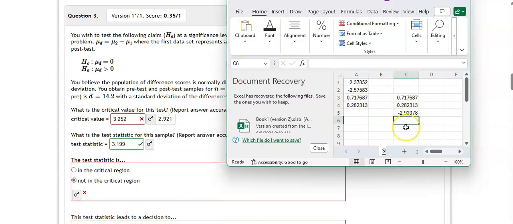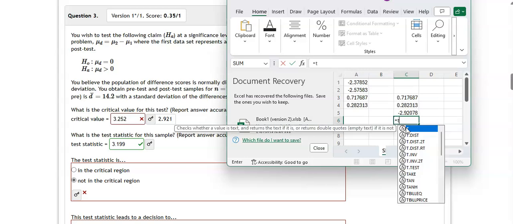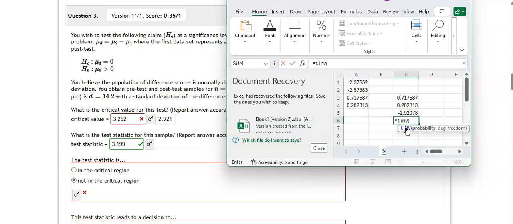I accidentally put in the right value instead of the left value. Let's do that again. Equal t.inv, we needed to put 0.995 and 16 degrees of freedom. And it's the positive 2.921. And we see that that's exactly the value that they have right here.